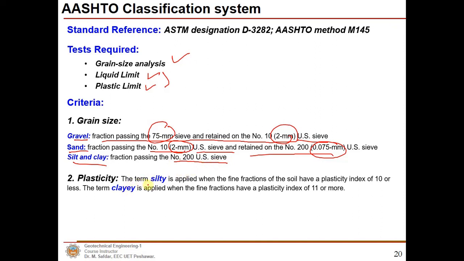Plasticity. Now, the term silty is applied when the fine fractions of the soil have a plasticity index of 10 or less. The term clay is applied when the fine fractions have a plasticity index of 11 or more.